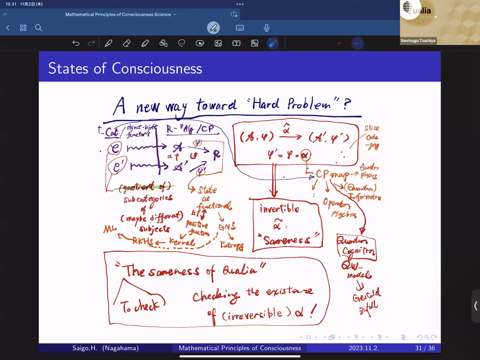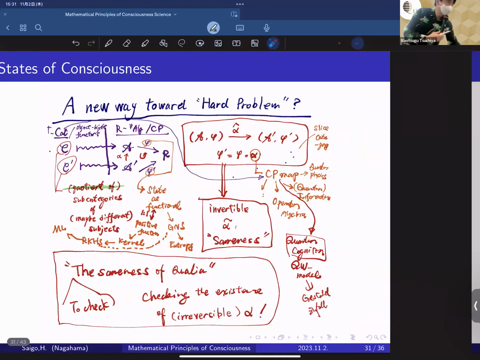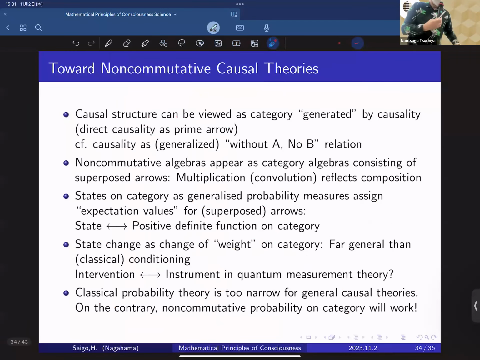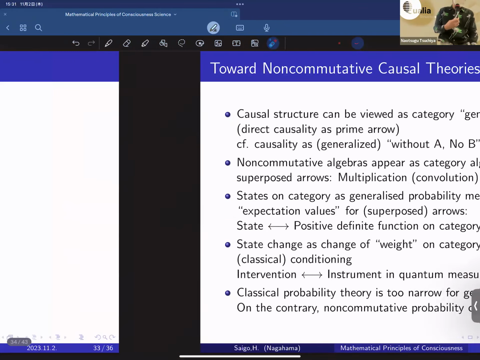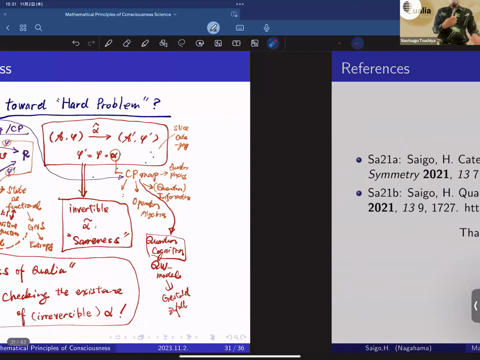My hypothesis is that this is a deep reason why quantum cognition is useful. Maybe someone realized that this category does not have to be the Fourier kind of thing. If you are given any category, we can do such a thing.